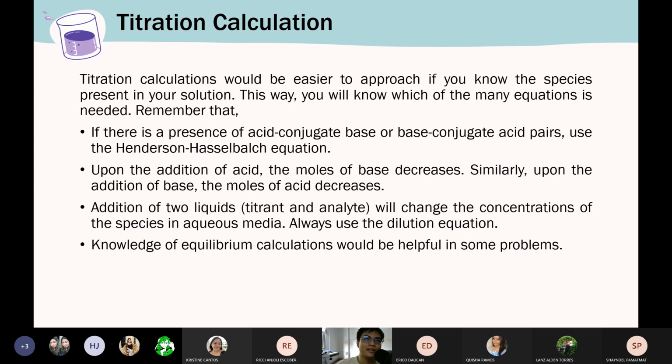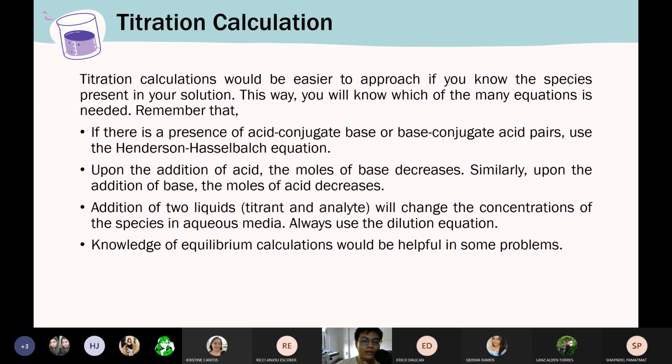Okay? Kasi in the previous chapter, what we were doing that time is we are getting the endpoint usually, diba? Kung hindi endpoint, kinukuha natin yung molar mass of the analyte. No? So, yun yung ginagawa lang nun. Pero dito, in the titration calculation, iba.